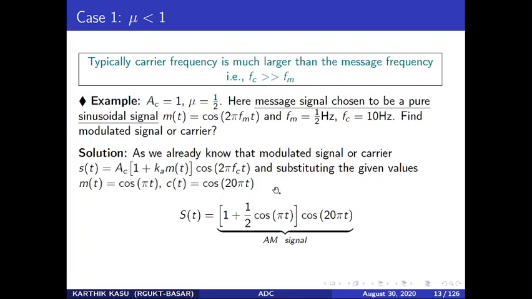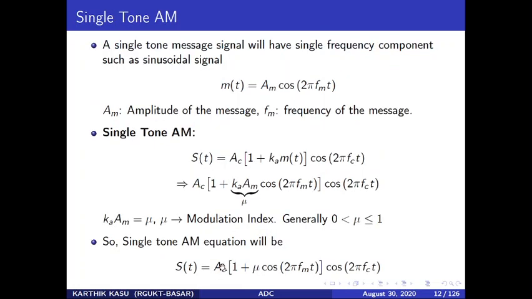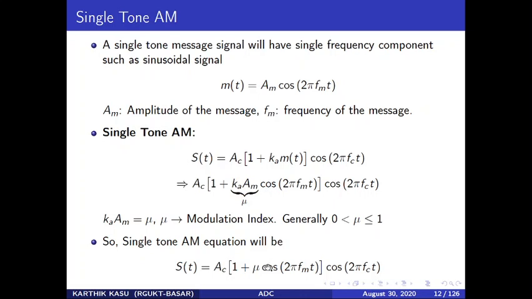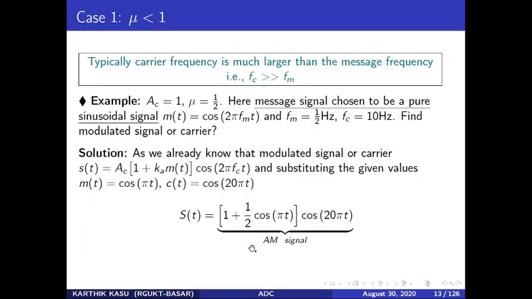Now Ac is 1, open the bracket, 1 plus mu, which is 1 by 2, cos 2 pi fm t into cos 2 pi fc t. They gave you fm and fc also, so you can substitute all the values in this equation.